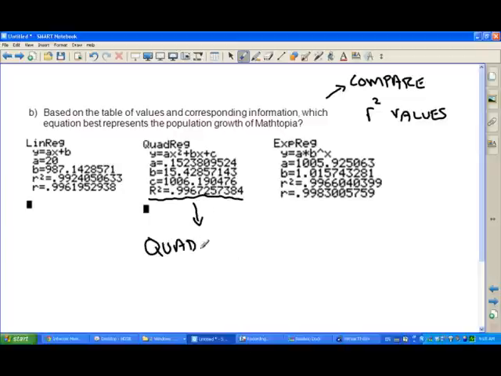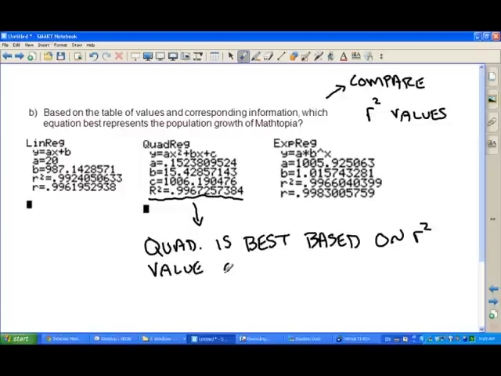So I would say something like the quadratic is best based on an R-squared value of 0.9967. Okay, it's slightly higher than the exponential regression.